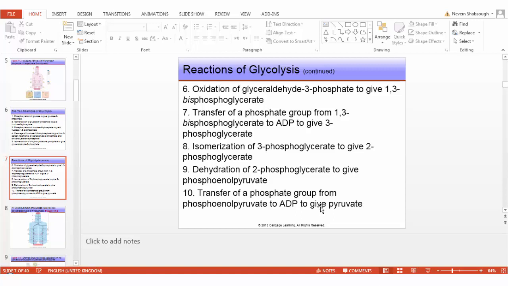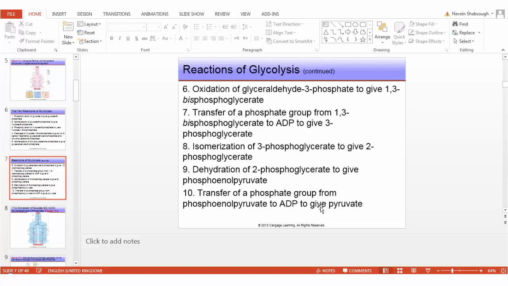Now, the compound 1,3-bisphosphoglycerate is a high energy compound. Transfer of a phosphate group from 1,3-bisphosphoglycerate to ADP gives 3-phosphoglycerate with the formation of an ATP. Then isomerization of 3-phosphoglycerate to 2-phosphoglycerate. Then dehydration of 2-phosphoglycerate to give phosphoenolpyruvate.